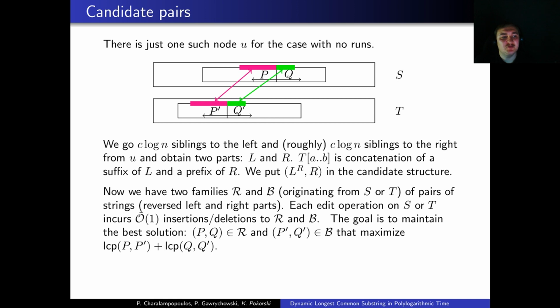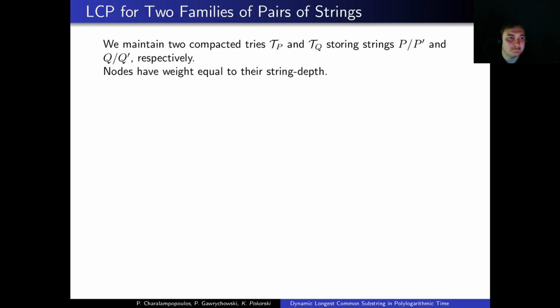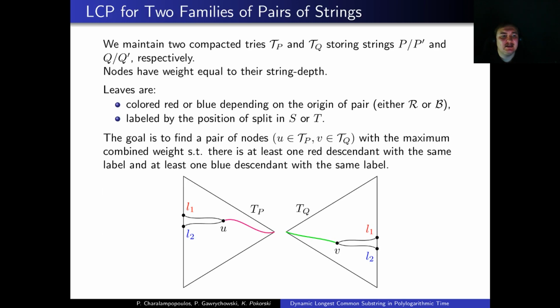We want to find a pair of strings in the red family and a pair of strings in the blue family for which the LCPs of left parts and LCPs of right parts, the sum of these, should be as large as possible, because this will be the length of our common substring. Yes, so that's the idea.